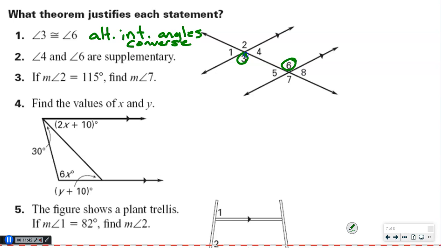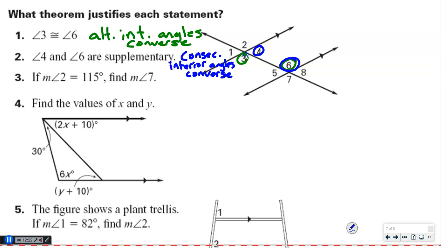And then 4 and 6 are supplementary. That would be our consecutive interior angles converse.